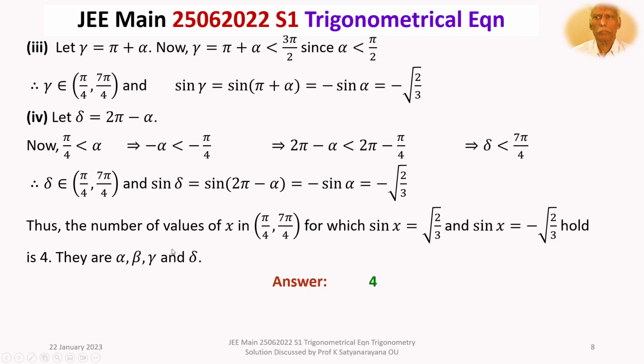What was our question? The number of values of x in this open interval pi by 4 to 7 pi by 4 for which the given equation holds is 4. So the answer is 4 for this question.